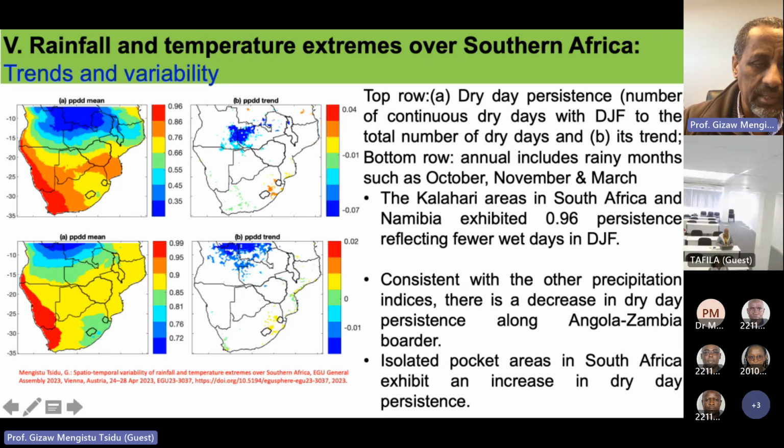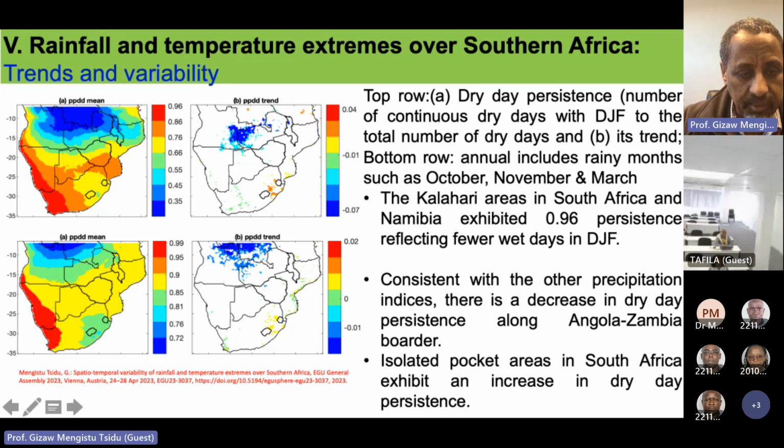This is part of the Kalahari, anyway. And so you can see not only the extreme situations, that's how you describe the change in the rainfall in terms of whether you are having continuous dry, continuous wet, and so on.